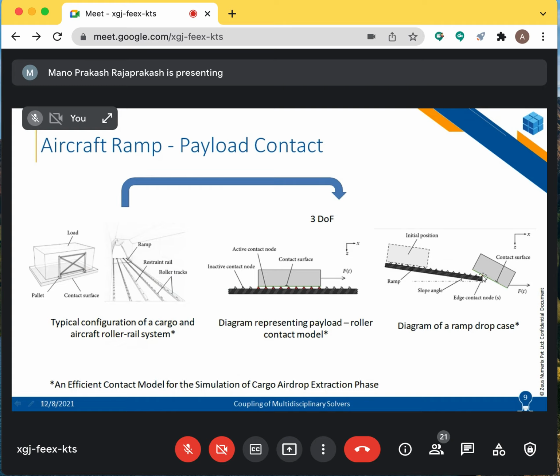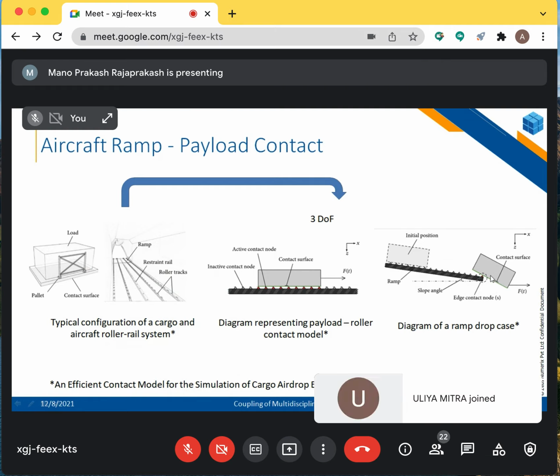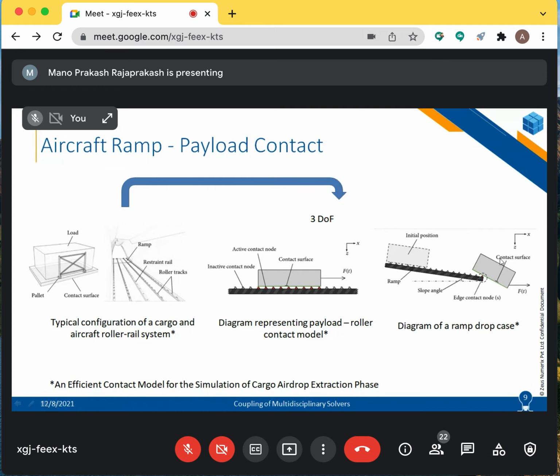This force will be transformed to the body axis system which the payload currently has. If I know the distance between this contact node and the CG, I can calculate the moment which this load is going to impose on the payload. That way I can model the contact force and the contact moment.